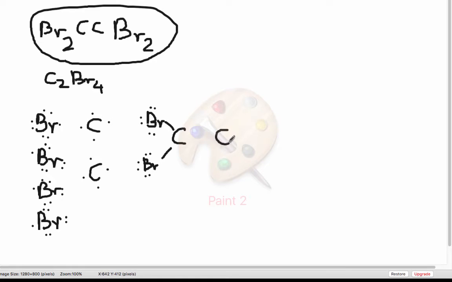We're going to have that on the other side as well, because there's 2 carbons and each of the carbons has 2 bromines.